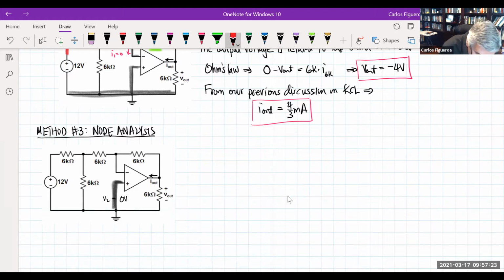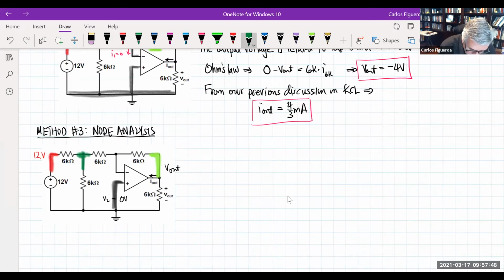We also know this node right here, and this node we know is 12 volts. So what are my unknown nodes here? Well, we know that we can't write an equation for the output node. So we know that this guy is the output, but we can't write anything. So then I have this node right here.